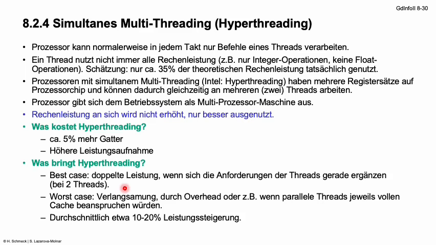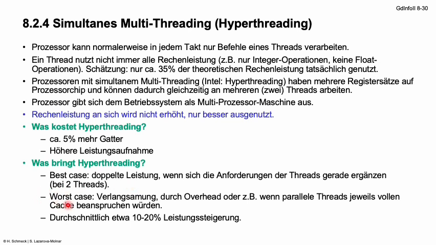But the benefits of this are something that makes the difference, which means in the best case we can have a double performance. If these parallel threads are complementary, we can increase by double the performance, or duplicate basically the performance of the processor.